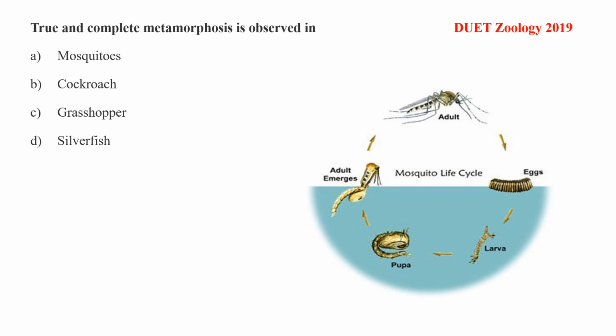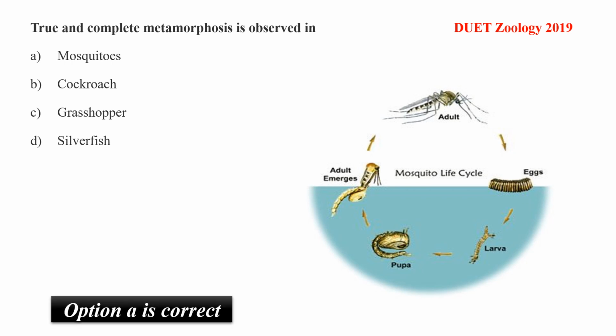Three major orders for this type of insects are dipteran, lepidopteran, and coleopteran. Coleopteran means beetles, lepidopterans means butterflies and moths, and dipterans means mosquitoes and houseflies. So in this case, option A has to be the correct answer.